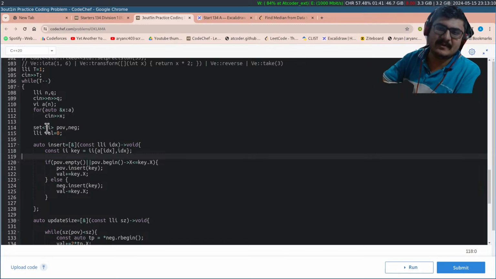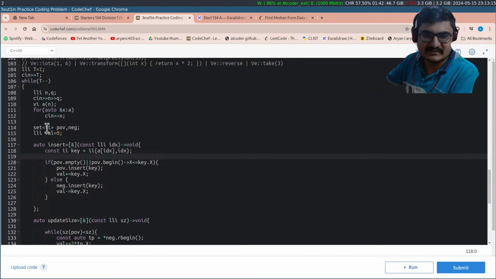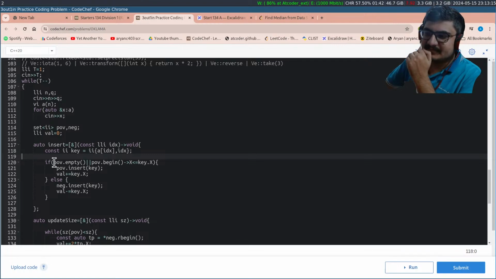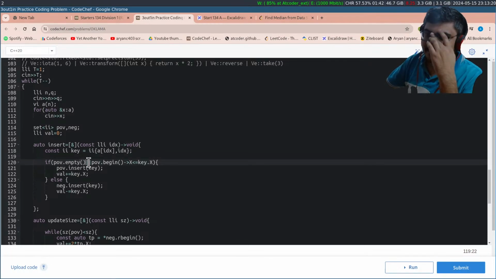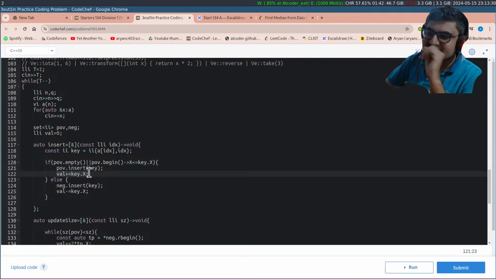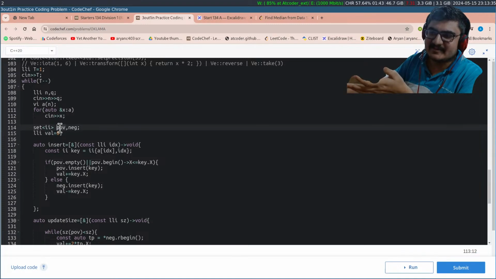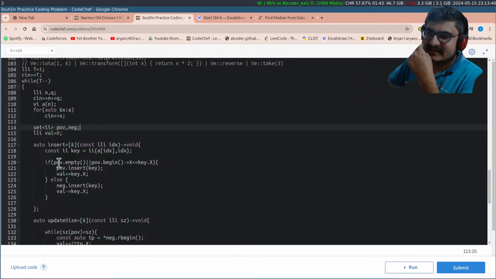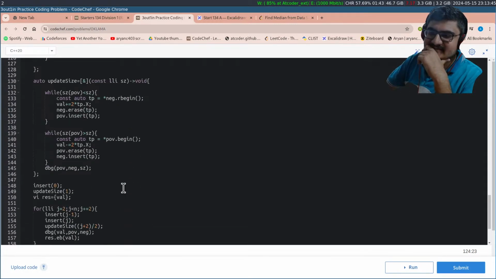Otherwise, you will need one min priority queue and one max priority queue, and essentially that's not ideal. So if the positive set is empty, or the smallest element in the positive set is larger than or equal to whatever element we want to insert, we insert that element into the positive set and increase the value by that element, because my value is the sum of elements in the positive set minus the sum of elements in the negative set. Otherwise, we should insert the element into the negative set. These are the insert operations.